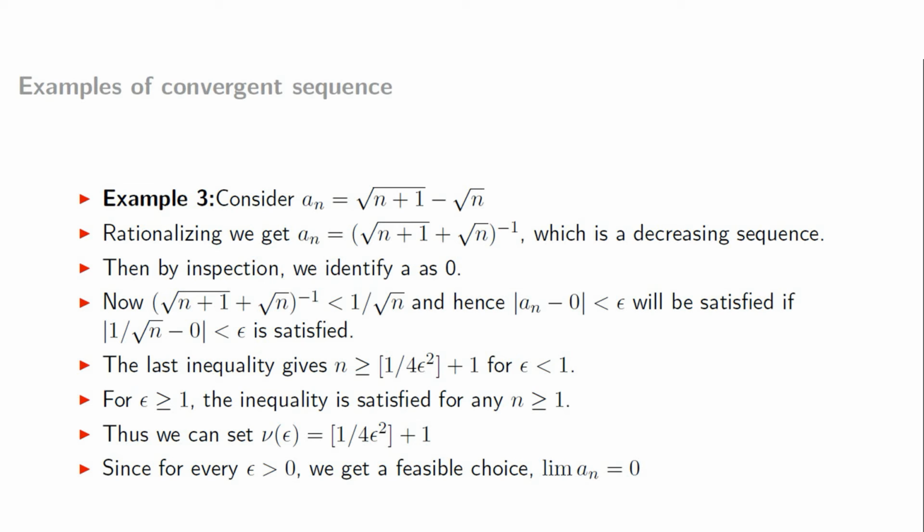Thus we can set our nu epsilon as box of 1 by epsilon square plus 1. Again, for every possible choice of positive epsilon, we get a feasible choice, and therefore limit of a n equals 0.